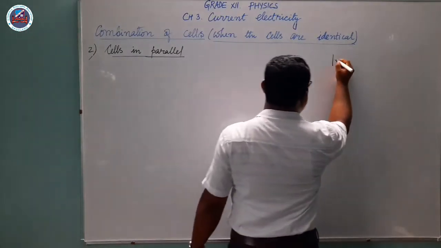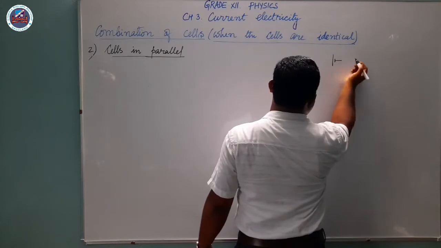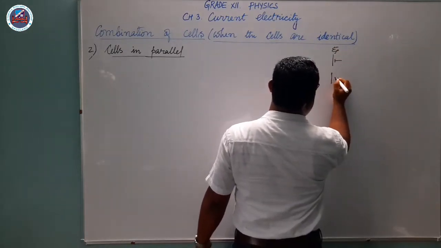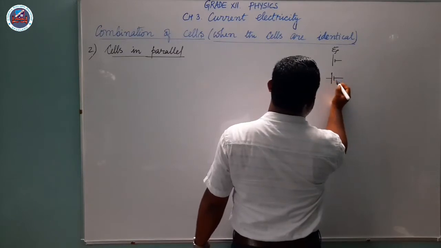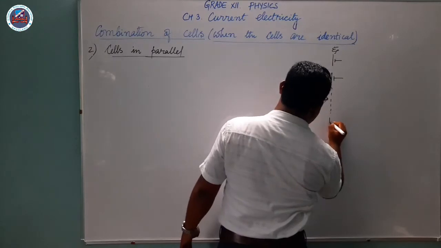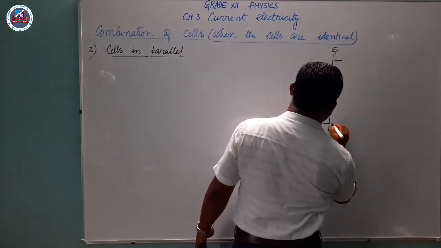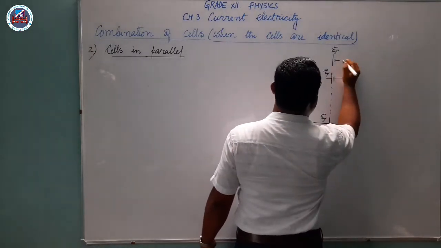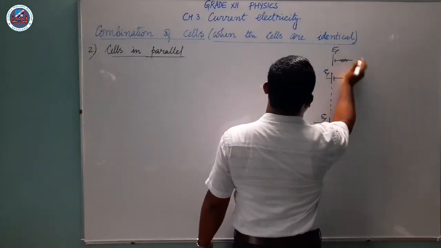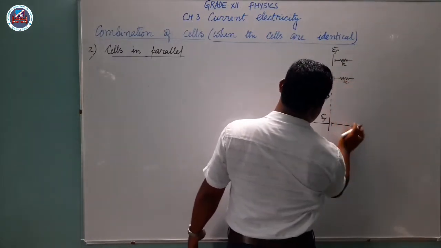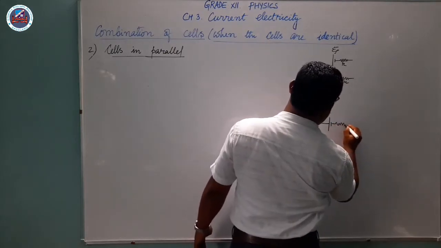So this time it is m cells, suppose, each of the same EMF epsilon. Then the internal resistances, as we are doing for identical cells, let us take it as R. Here also R. Here also R.